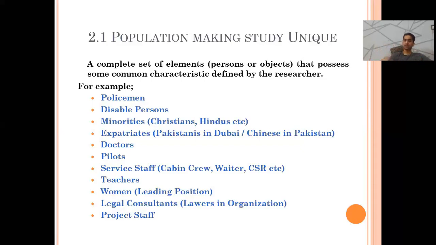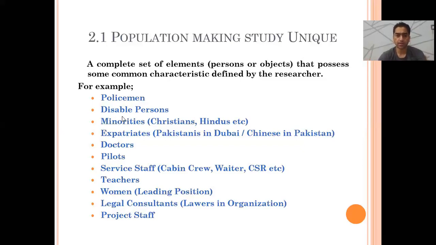Disabled persons, minorities in Pakistan, what can be the possible area or variable of interest? So students, for me, if I have to work on the policeman, then ethical behavior can be a pertinent area, because there are some ethical dilemmas in our police departments.